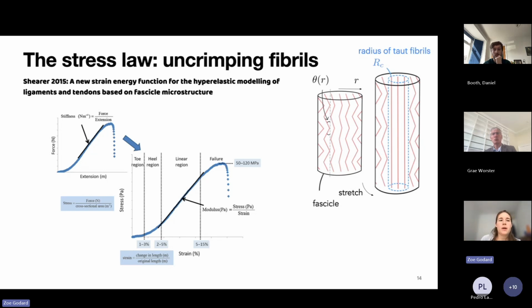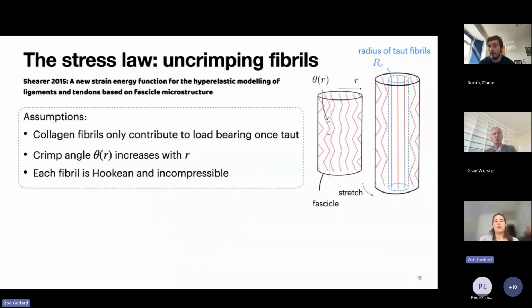And so there's this paper by Shearer in 2015 who derives a strain energy function based on this mechanism, this geometry. And to do so, he assumes that the collagen fibrils only contribute to load bearing once they're taut.